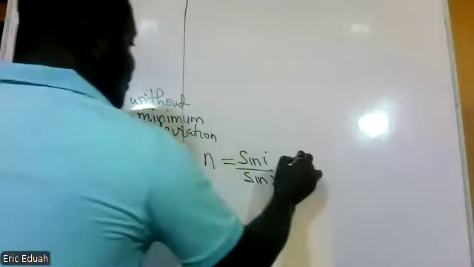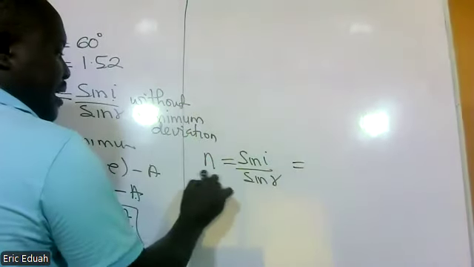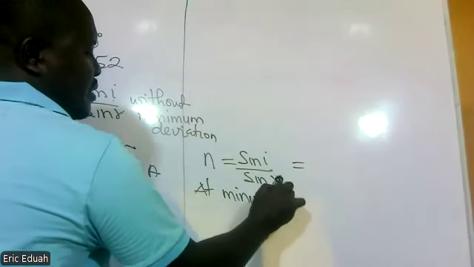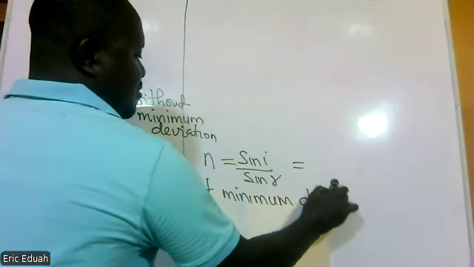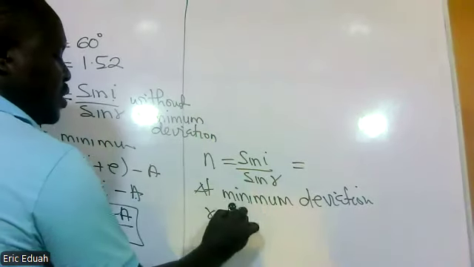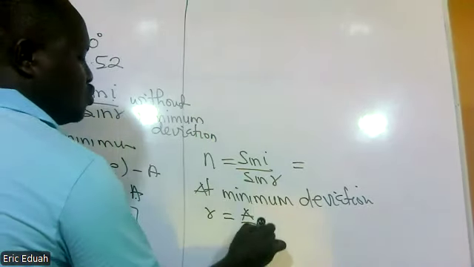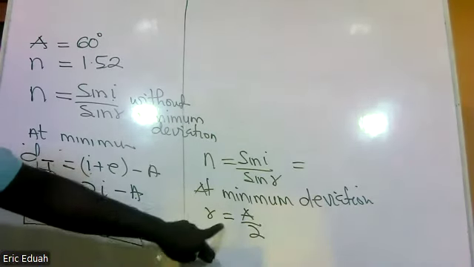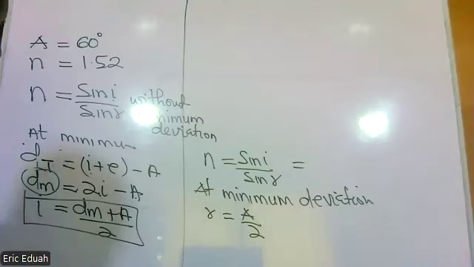Now at minimum deviation, R is equal to A on 2.